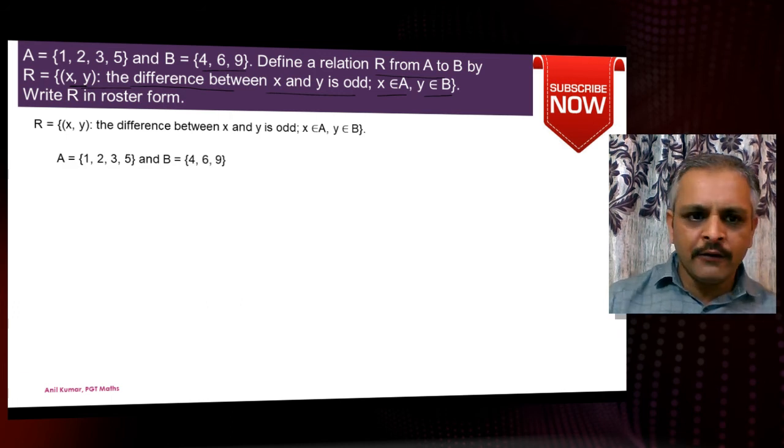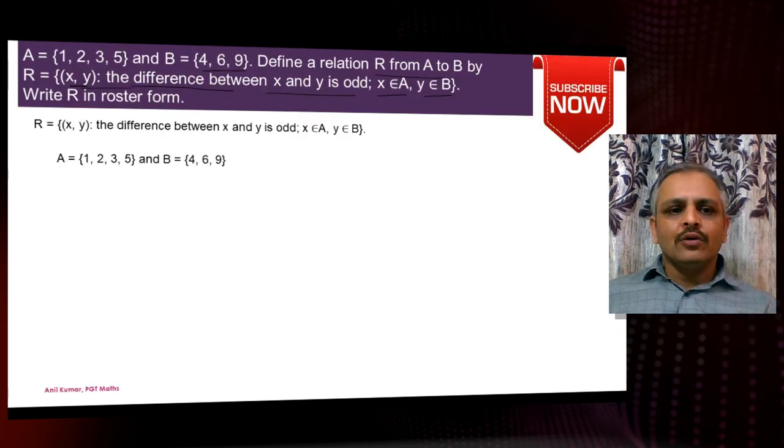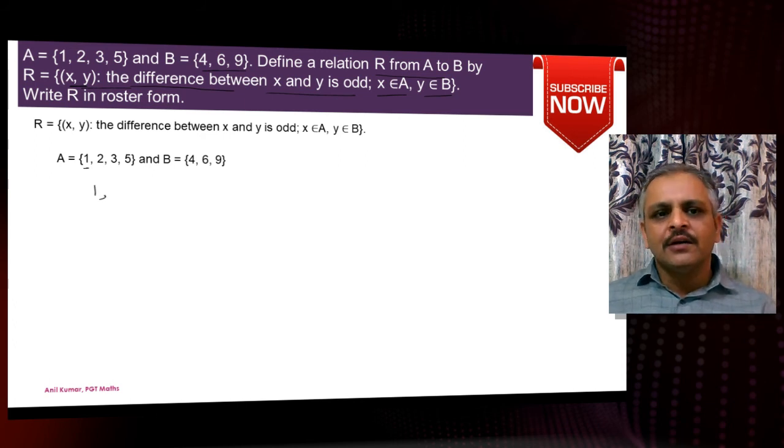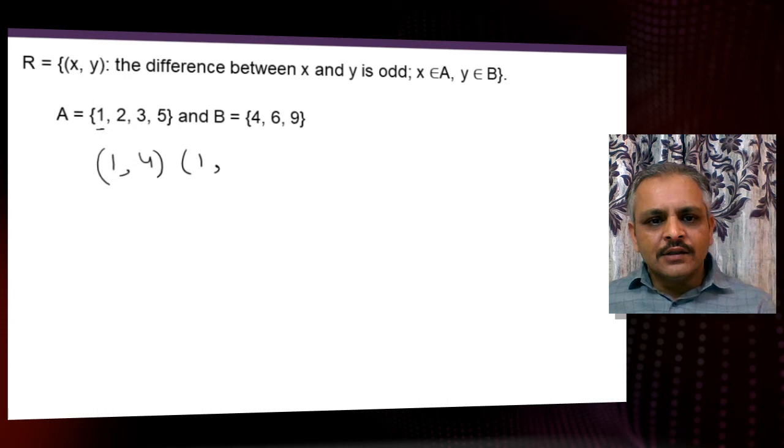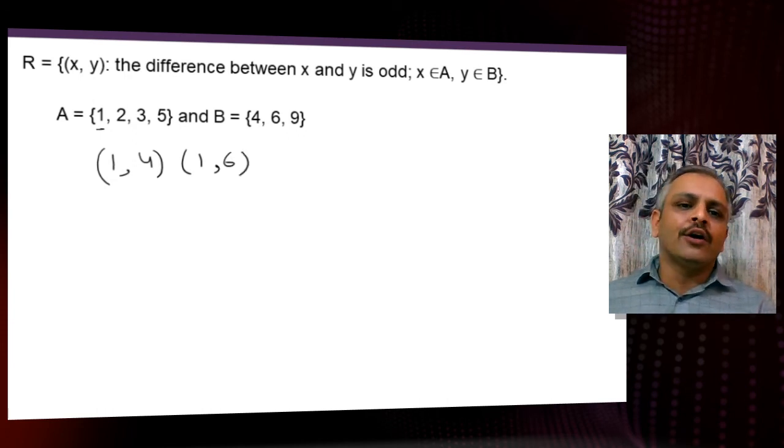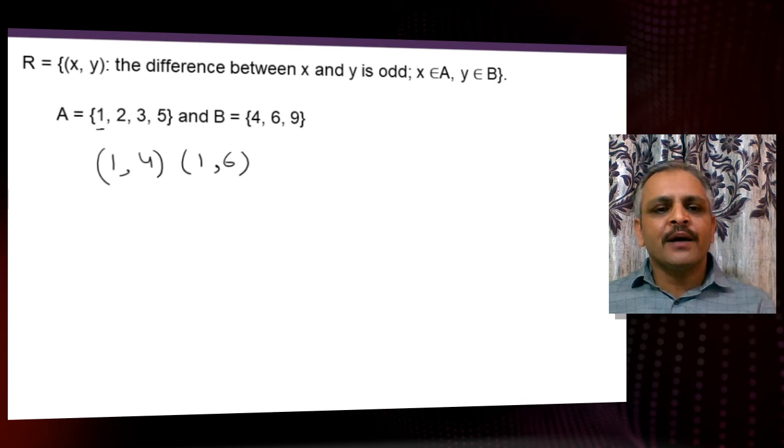A and B are given. So let's write down. We know that the difference will be an odd number if I take one number as even and the other as odd. So if I select 1 from this one, then I have to select 4 from the second set. 1 with 6, their difference will be an odd number. But 1 and 9, two odd numbers, their difference will become an even number.